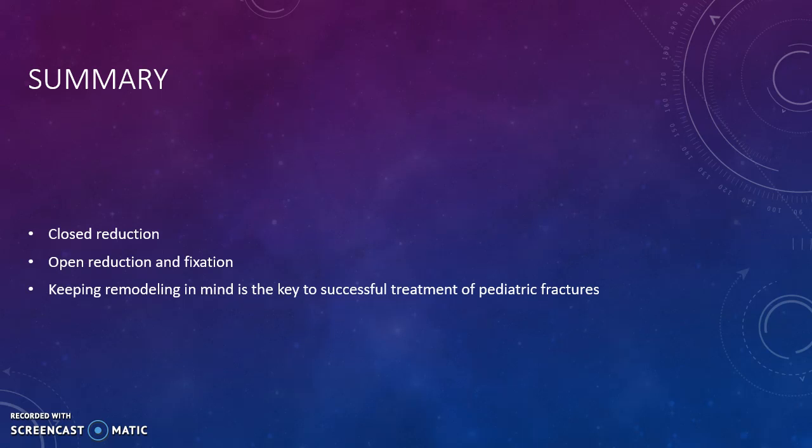Sometimes we wait until remodeling corrects the deformity, and sometimes overcorrecting the treatment worsens the problem. With the growing age, you should know the potential of growth and the correction of deformity. There are chances of some deformities correcting automatically with growth.